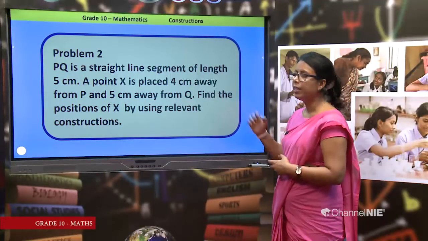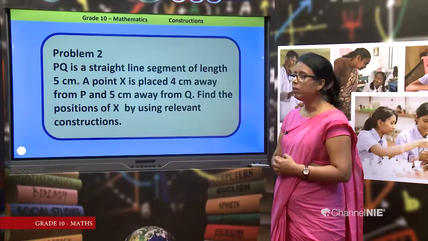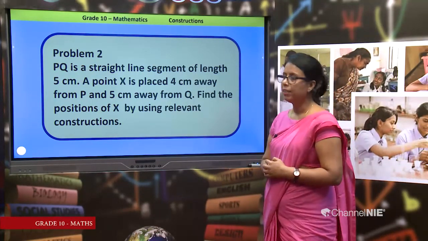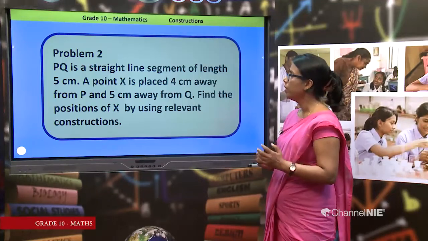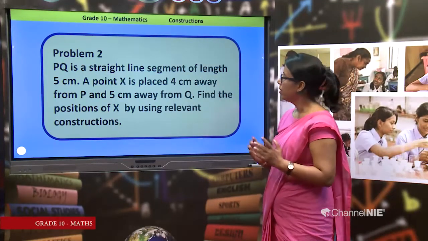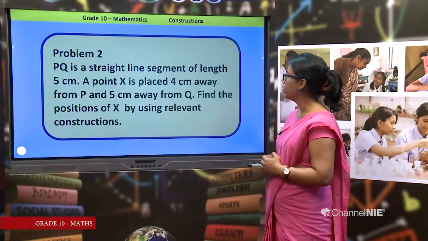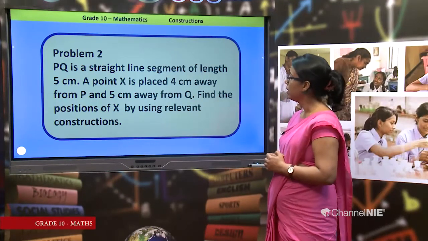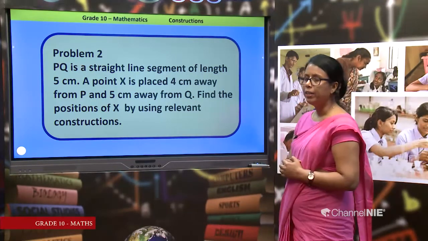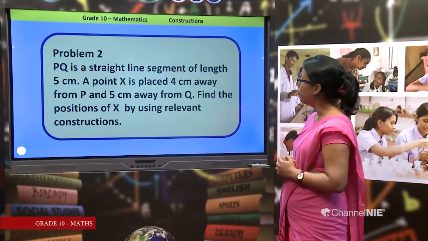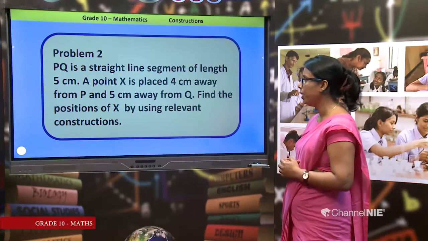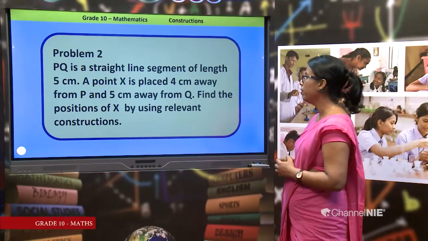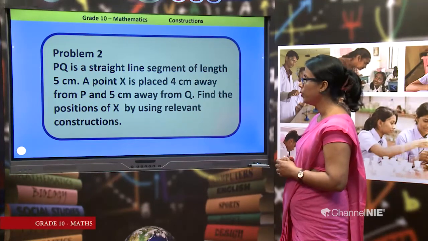Read the question carefully. This time we need to construct a straight line with the length 5 centimeters. Next, we have to find a locus 4 centimeters away from P. Another one 5 centimeters away from Q.